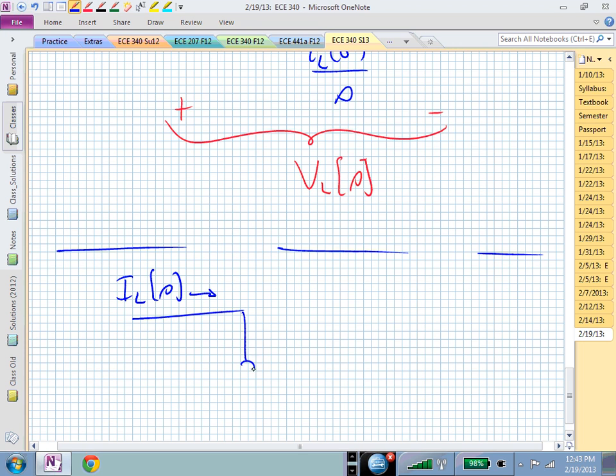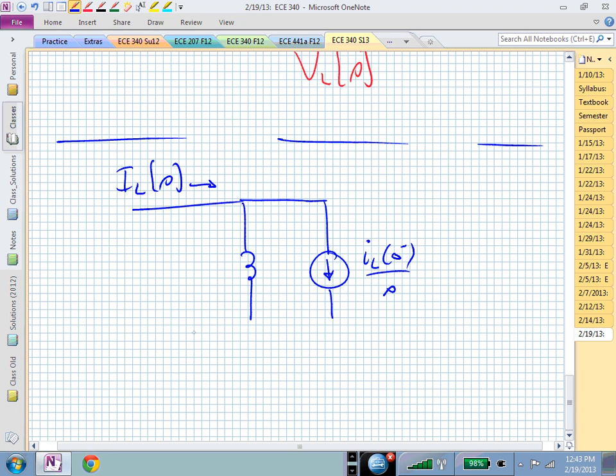Then we have something dropped across an inductor, and we have a current source due to the initial condition, which is now the initial condition in time over S, and here's our impedance SL, where the voltage drop is across those 2 points in our circuit.